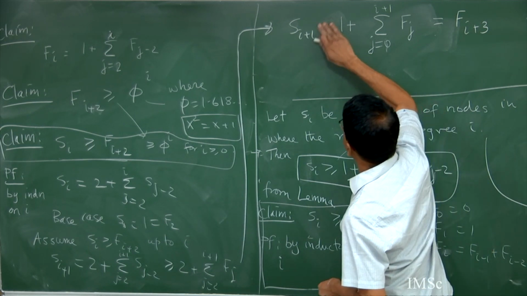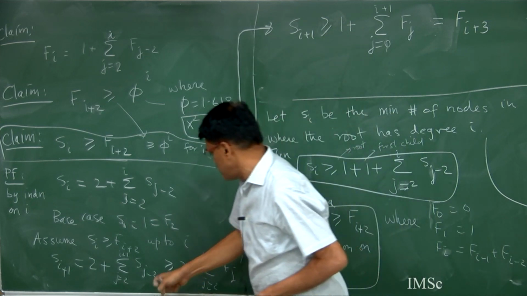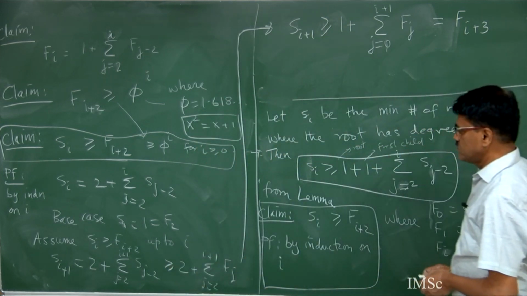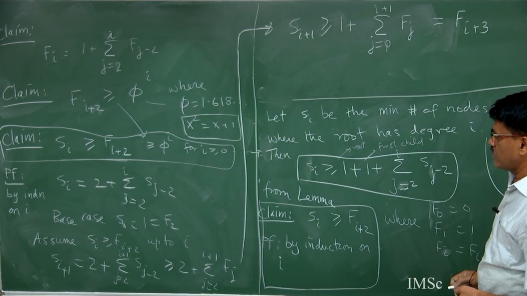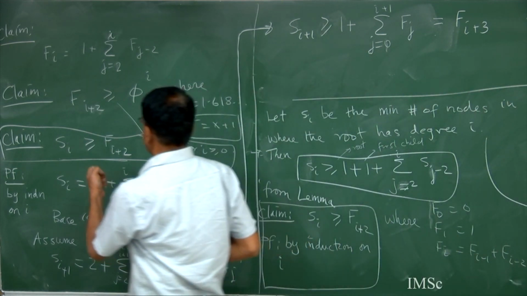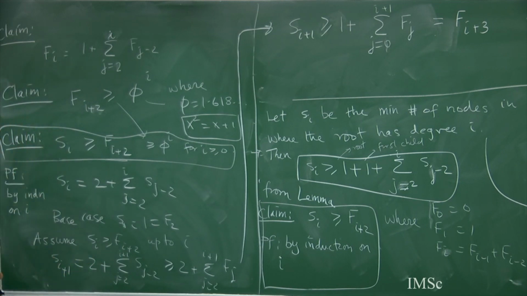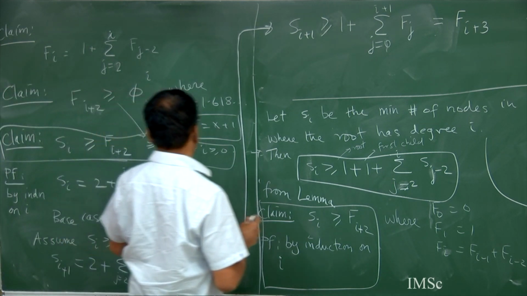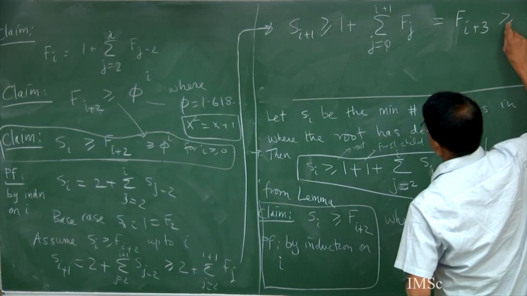So it's greater than or equal to because of this. And that's what I wanted to show, because Si is greater than or equal to F(i plus 2) is what I wanted to show. I've assumed up to i, and for i plus 1 it follows.